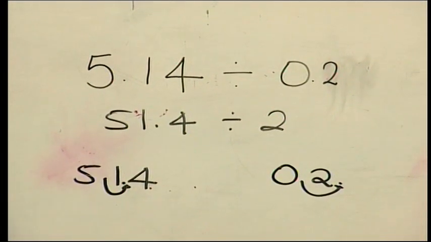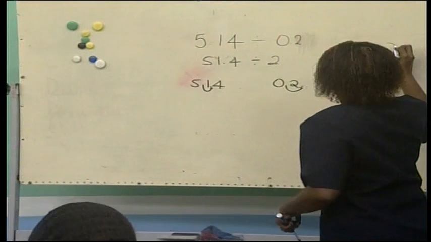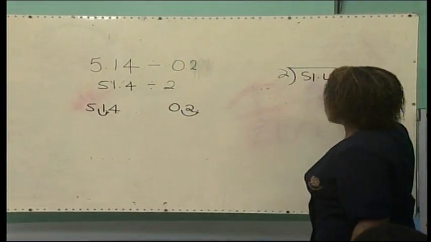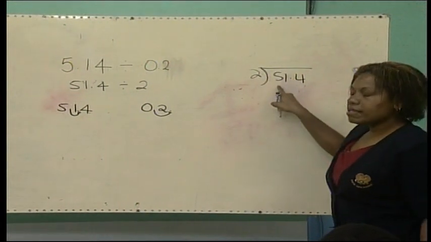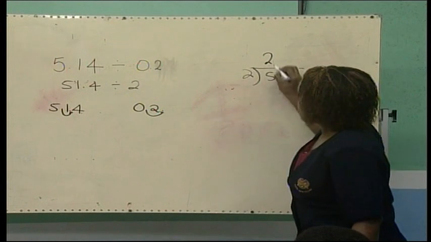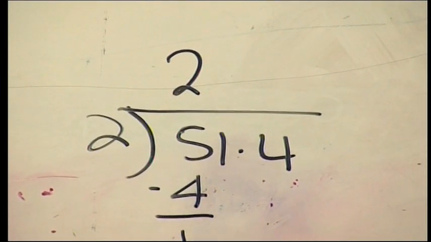Okay, class, receiving students and 7Es. So it will be easy for you to divide. So we have the divisor, 51.4. 2 into 5 is 2. 2 times 2 is 4. 5 take away 4 is 1.